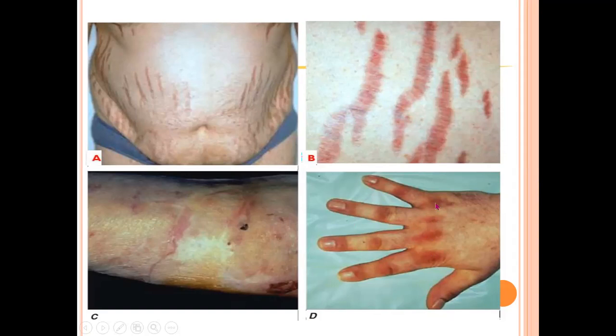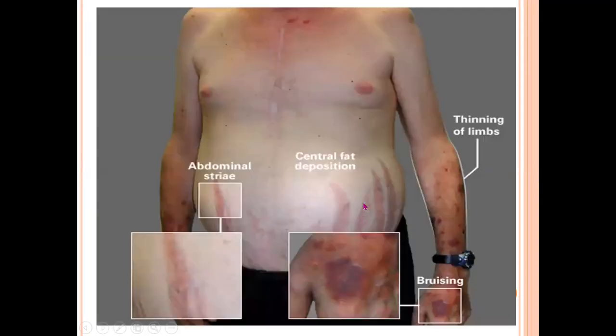If it is touched very easily, it is bruised because the skin is very thin. Thinning of the limbs, which I told you, of the extremities. Otherwise, the patient is looking very fat, and these are different pictures of the easy bruising on the back and different parts of the body.